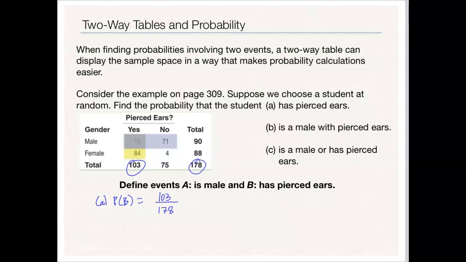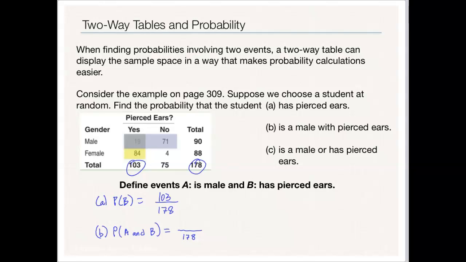All right. So B, find the probability that the student is male, which is event A, and has pierced ears. Probability of A and B. So we're still talking about the same population. So it's still going to be out of the same 178 total students.